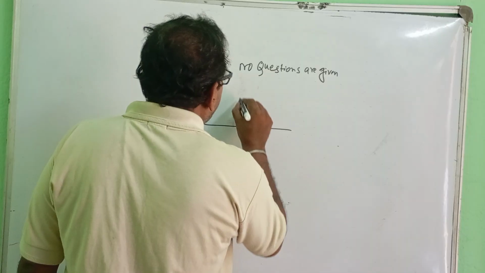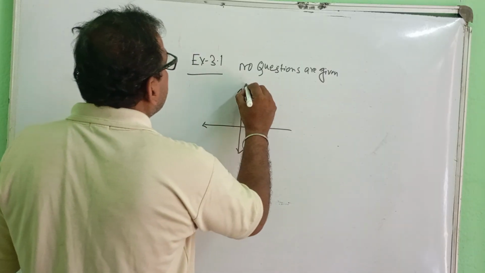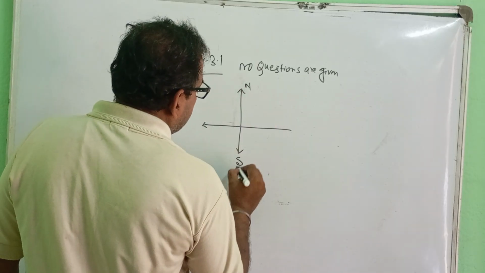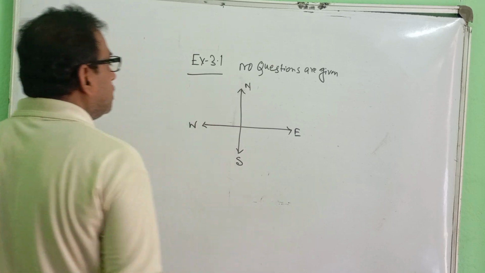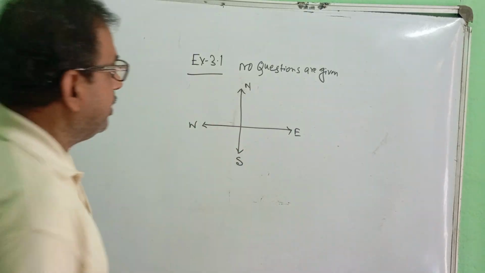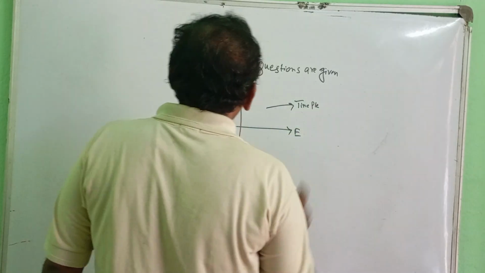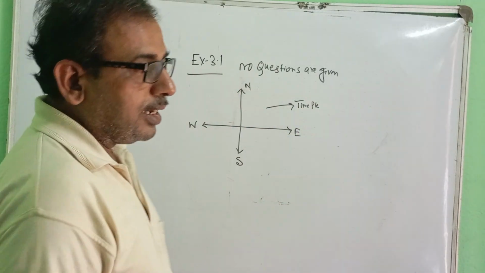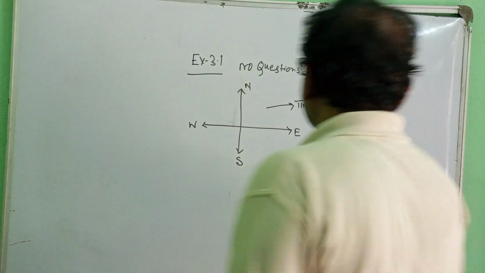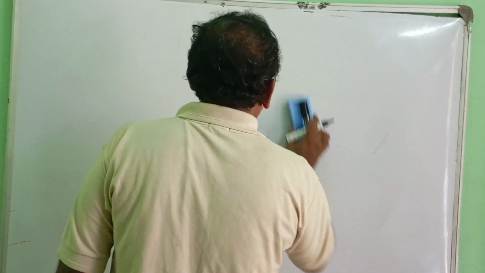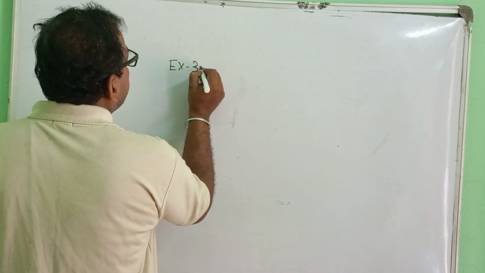Actually over there it is north, south, east and west. And this is the time plane. Now basically we are not considering this chapter. We go to exercise 3.2.